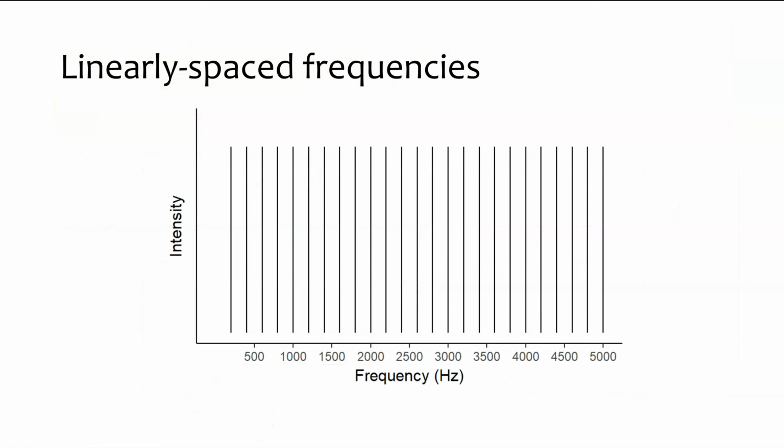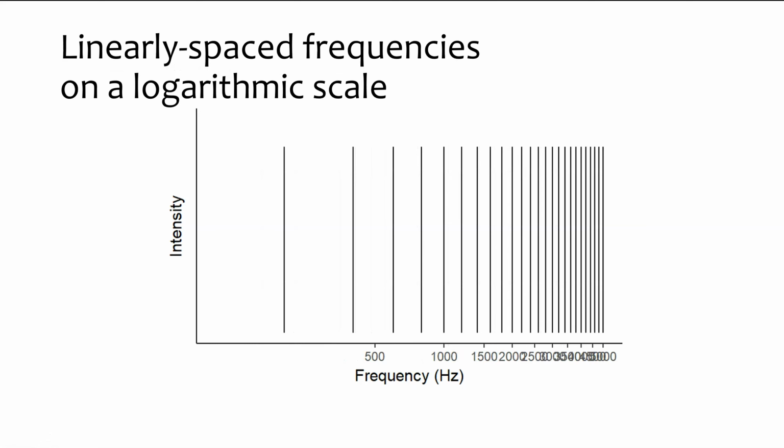Another way of viewing this is like on a spectrum, right? So here we have linearly spaced frequencies. They start at 200, and then the next one is 400, 600, 800, 1000, and so on. So they're all spaced exactly 200 hertz apart. Now, if we converted the x-axis scale just to show us these frequencies logarithmically, we'd push them over like this. And so the numbers on the axis scale now are quite scrunched together, so we can just space them out a little bit differently.